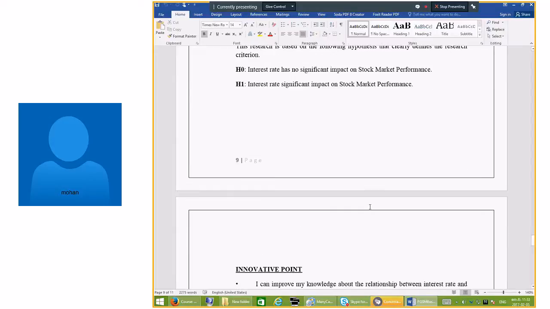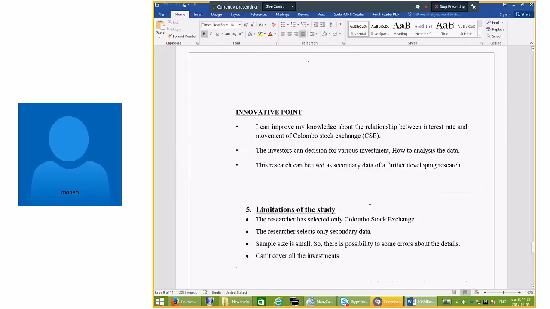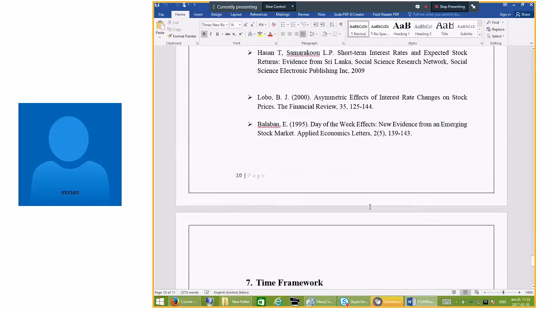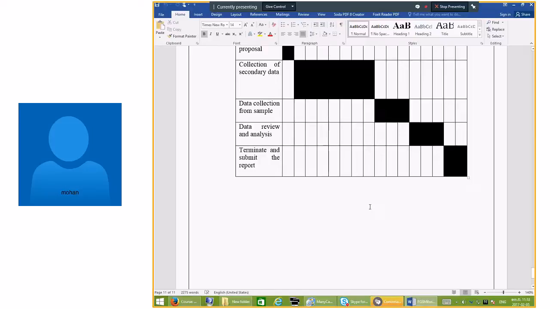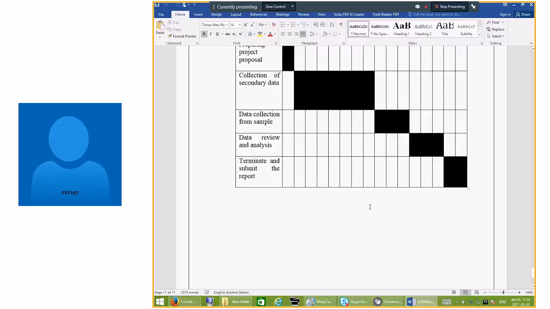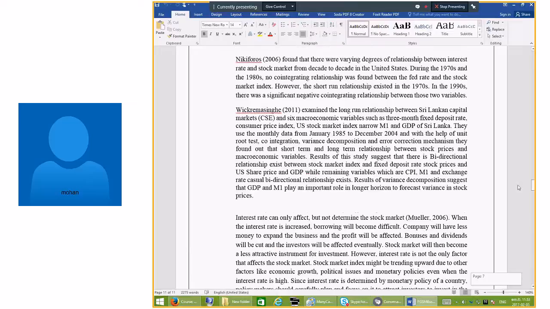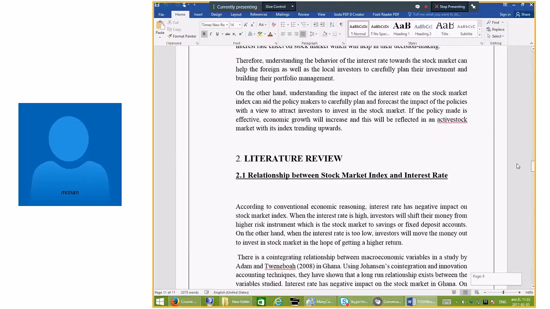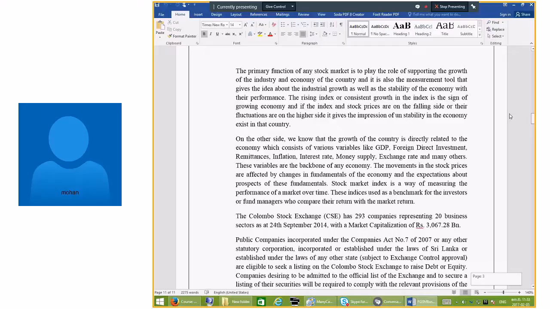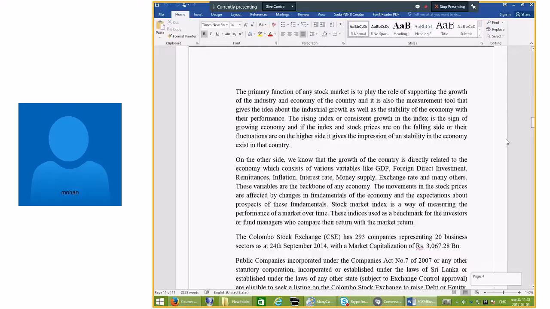As the independent variable, interest rate. Also, in my research I identified as objectives to find out the relationship between the interest rate and the movement of the Colombo Stock Exchange, and to find out the intensity of the relationship. So, what is your conceptual framework? Tell me.